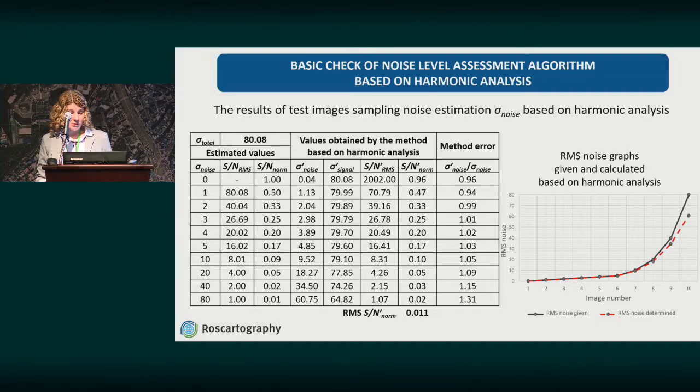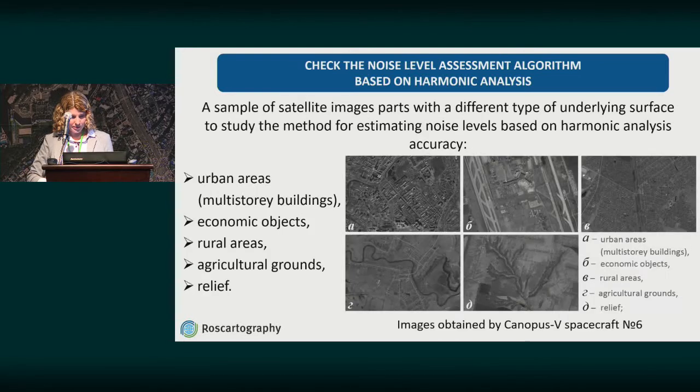We can see that using harmonic analysis driven data, we can receive normalized noise to signal ratio, which is no worse than 0.11.